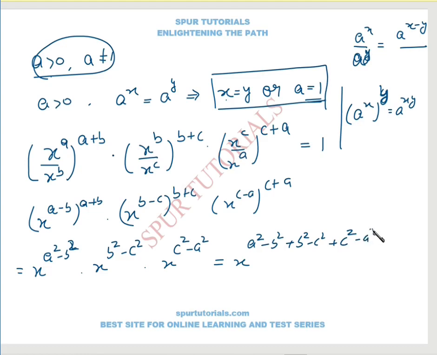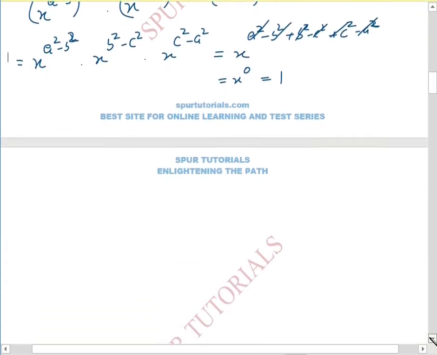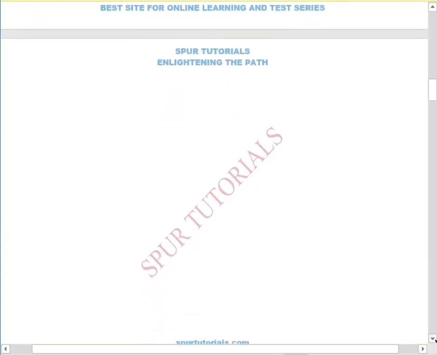We may add the powers and just cancel out these powers. So this is x raised to power 0 and this is equal to 1. Got it? This is equal to 1. So this is a simple problem. If you have knowledge of all the properties, then it's not difficult to solve this type of problems.